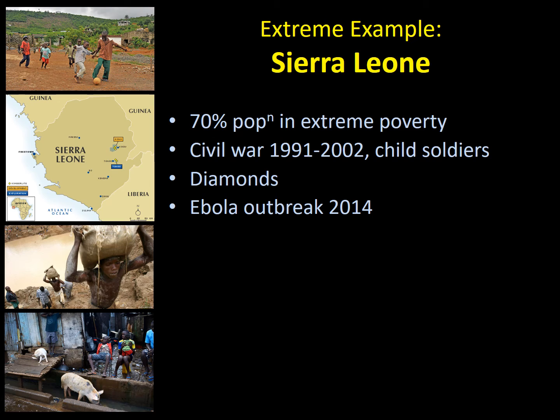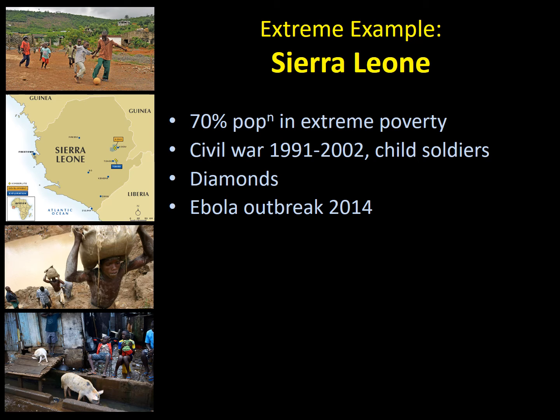So there was, I don't want to call it famous because famous sounds positive, there was a newsworthy civil war that lasted for over a decade, all throughout the 90s. And if you have ever read books or articles or seen interviews with former child soldiers, this was made famous by the Sierra Leone Civil War.